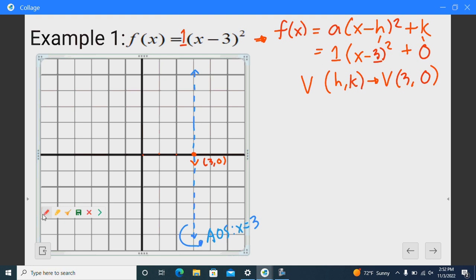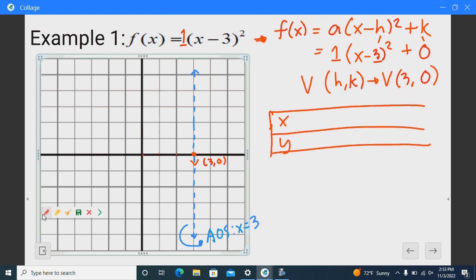So this is for x, and this is for y. We all know that our vertex is the center one, so our x is 3. Let's find points on the left side of the vertex: x is 2 and the other one is 1. On the right side you have 4 and the other one is 5.